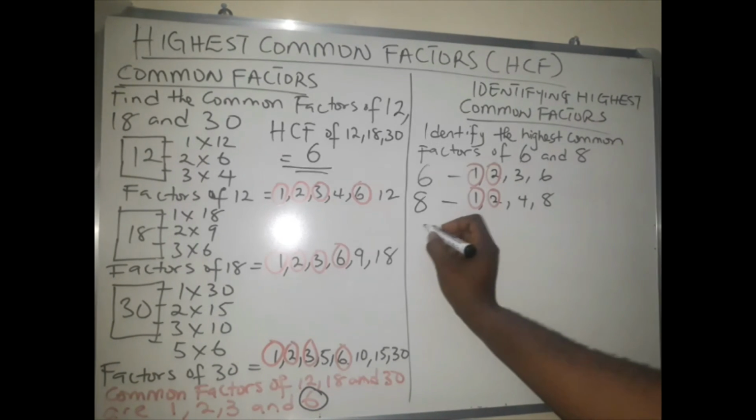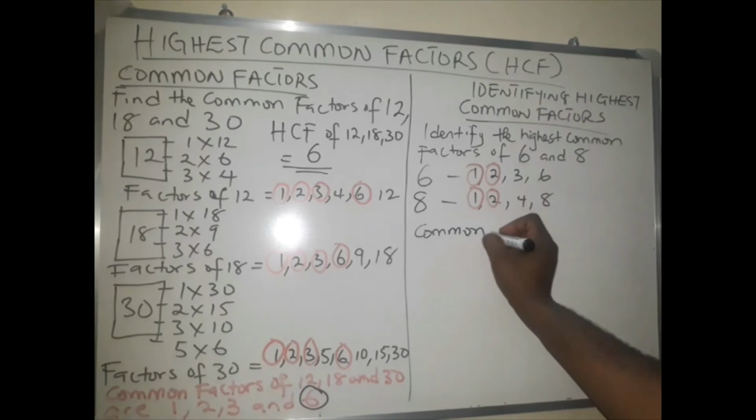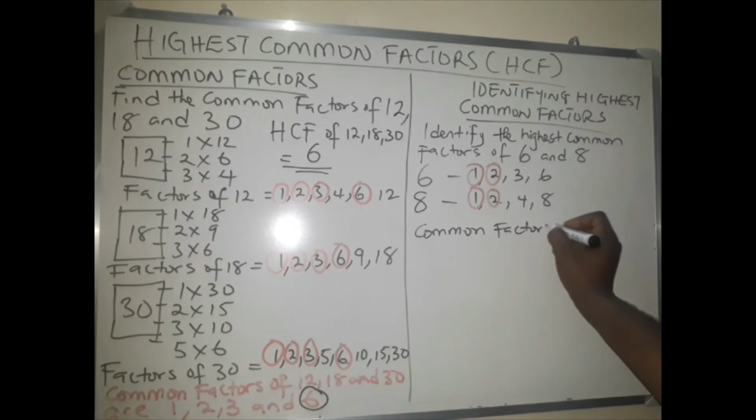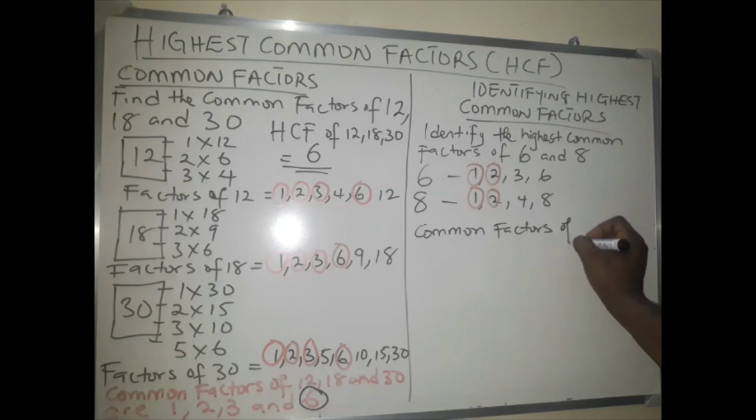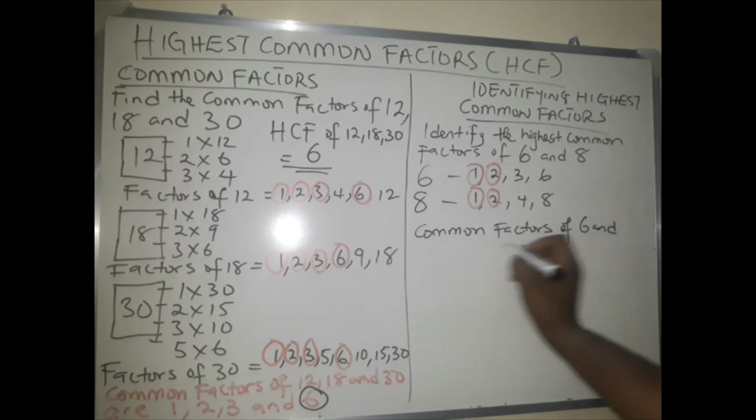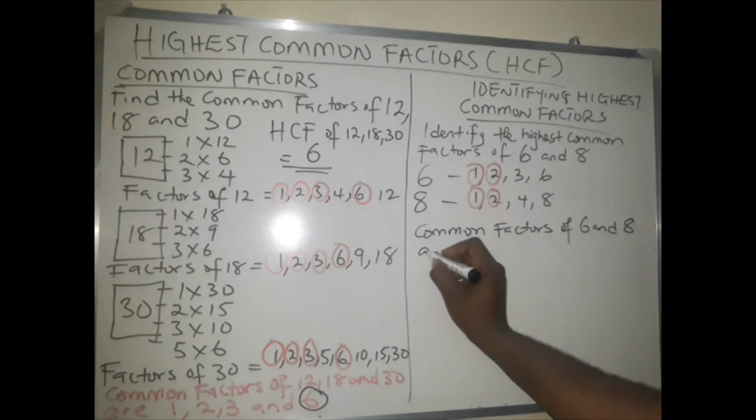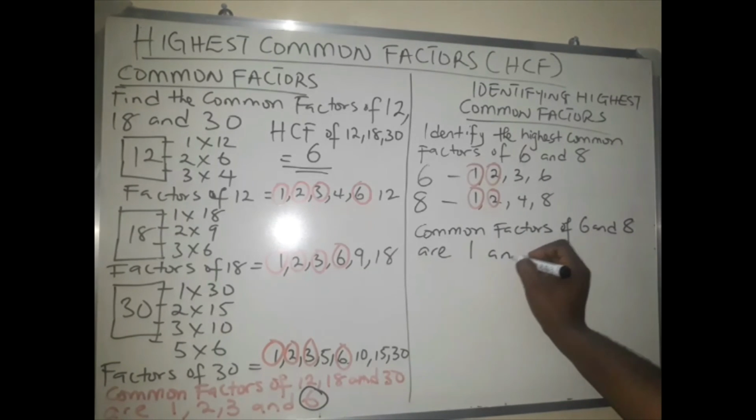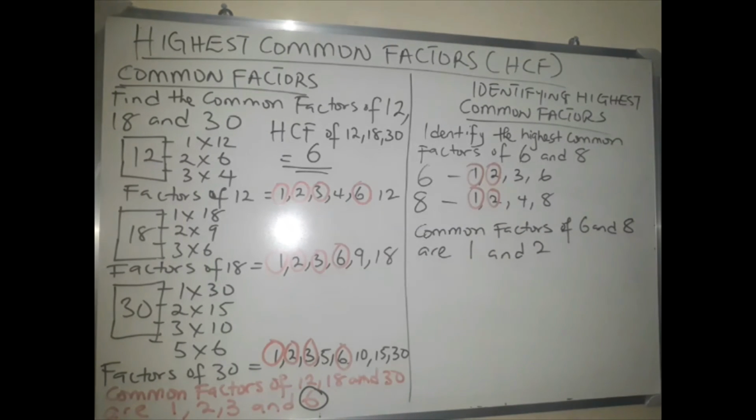So we can say the common factors of 6 and 8 are 1 and 2. So the second step is to identify the common factors of the factors which we have outlined of the numbers that are given. And we've done that, we've gotten 1 and 2.